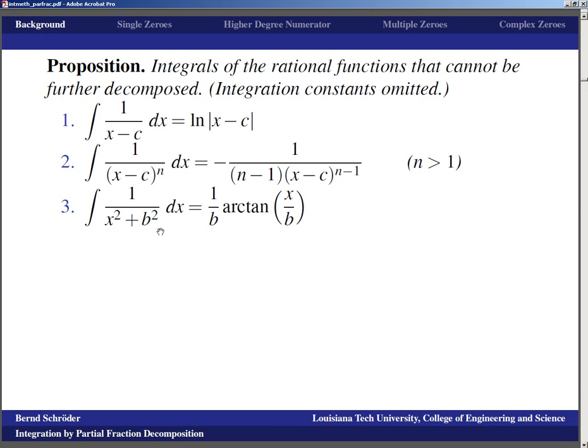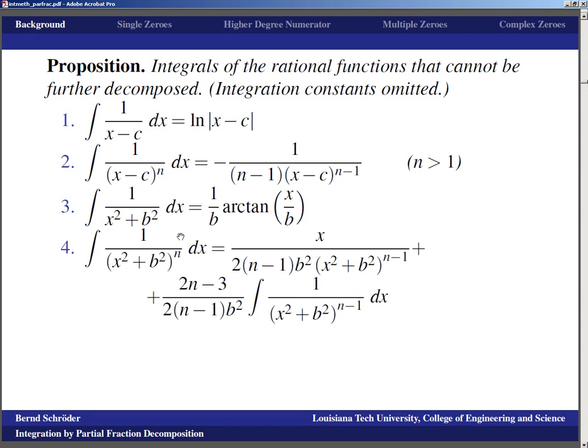You do a substitution, u equals x over b, and here is what you get on the right side. Again, this is something that you may want to write out. I'm not really sure if you want to memorize that, because the computation can be recovered fairly quickly.